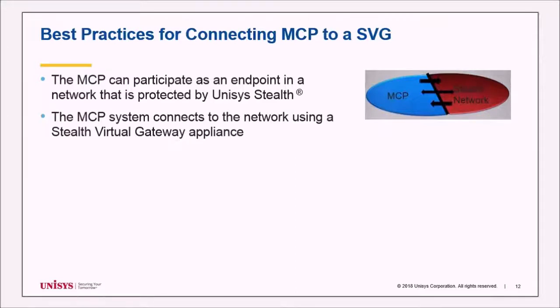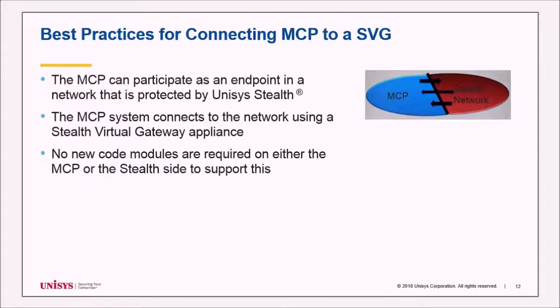The MCP system is connected to the network using a Stealth virtual gateway appliance. There's no new code for the MCP implementation or for Stealth or for the Stealth virtual gateway here. This is purely a documentation deliverable.